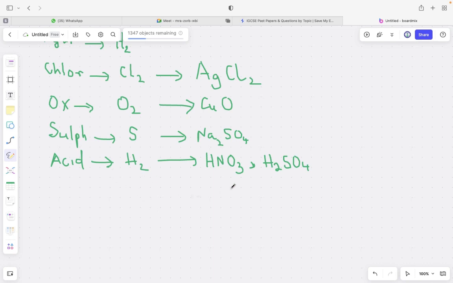We can also tell whether a compound is likely to contain any other element by looking at the name.